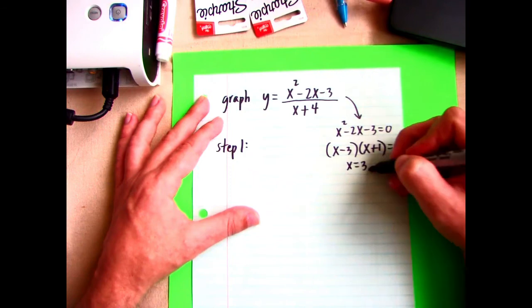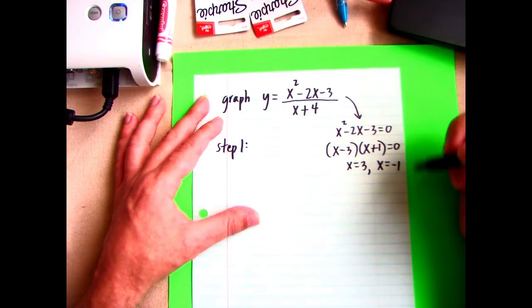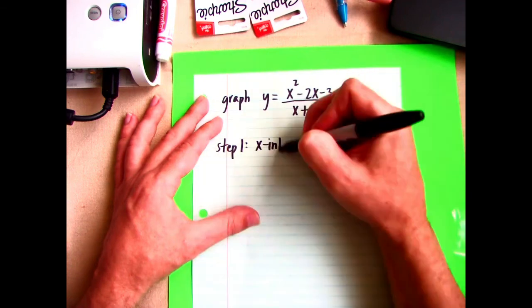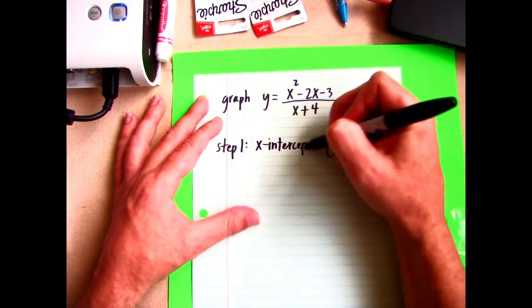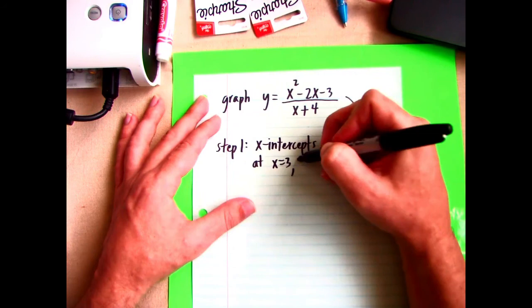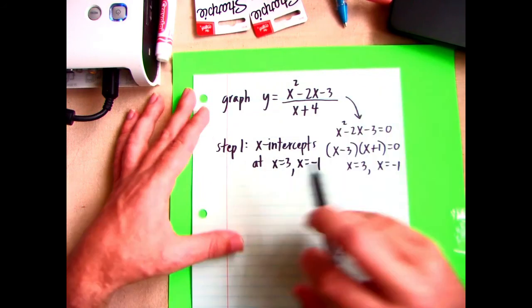So when you factor this, you see that when x is 3 and when x is negative 1, the numerator is 0. So that is going to be our x-intercepts. We got x-intercepts at 3 and negative 1. Step 2, we look at the denominator.